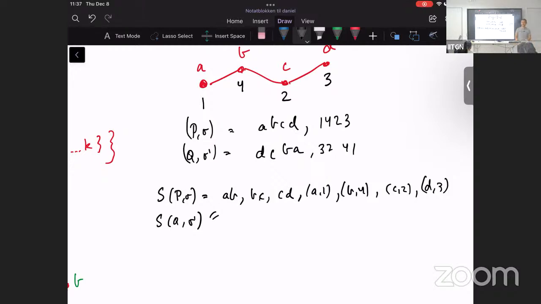But S of P sigma and S of Q sigma will be different. Yes, correct, S of P sigma and S of Q sigma will be different.